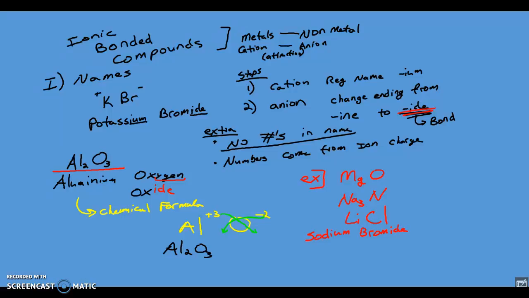I want to know the chemical formula for sodium bromide. Calcium iodide. And then copper 1 chloride. And copper 2 chloride. This will be more detail in another video, but I want you to give it a try.